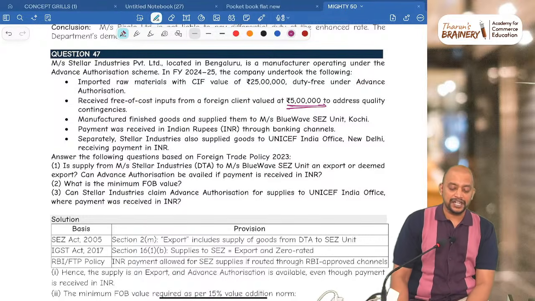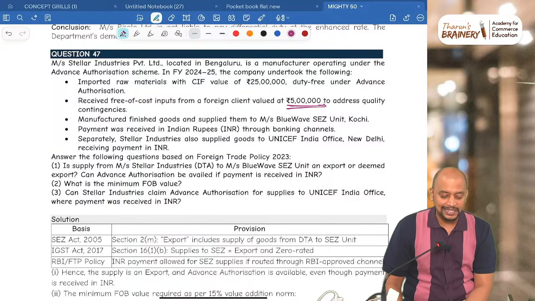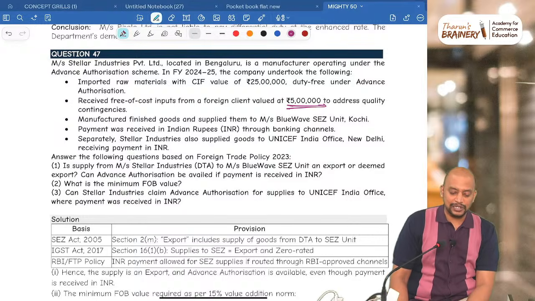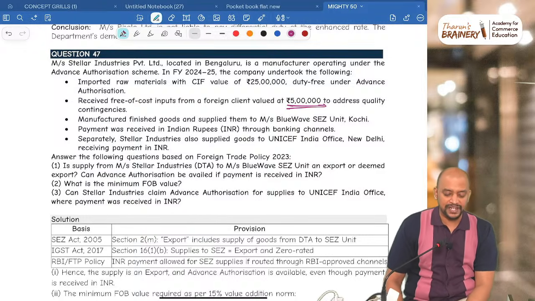Payment was received in Indian rupees through banking channels. Separately, Stellar Industries also supplied goods to UNICEF India office, New Delhi, receiving payment in INR. Answer the following questions based on FTP.